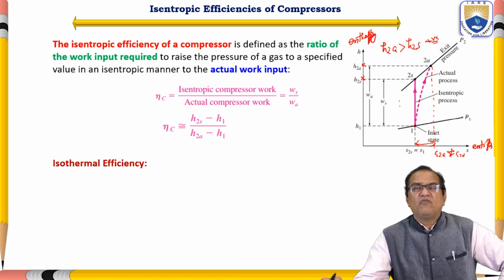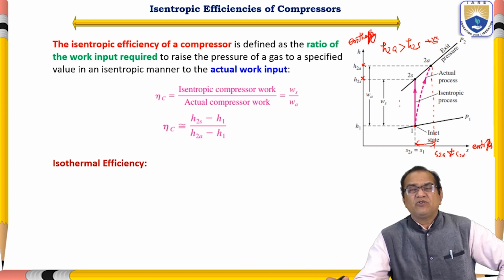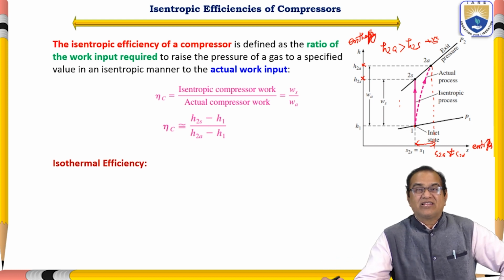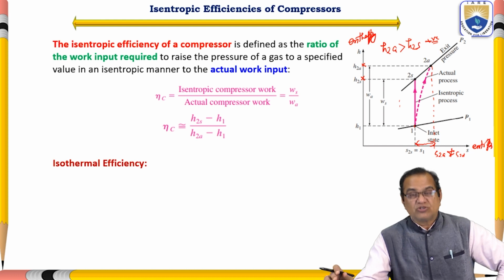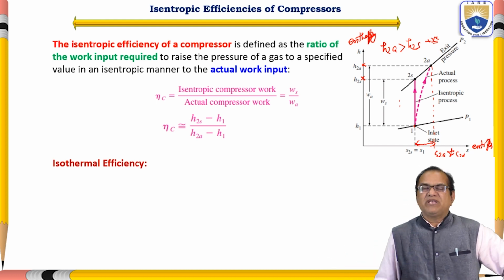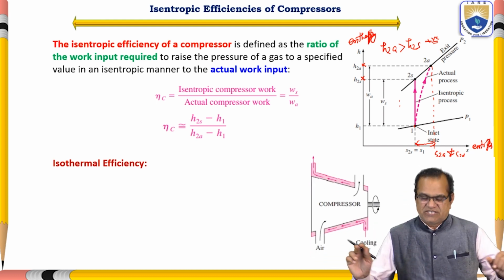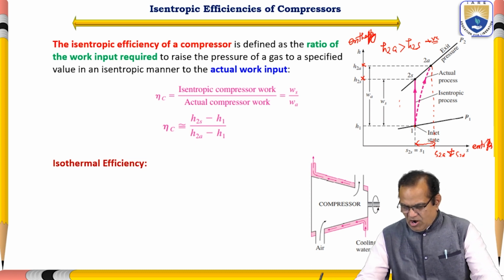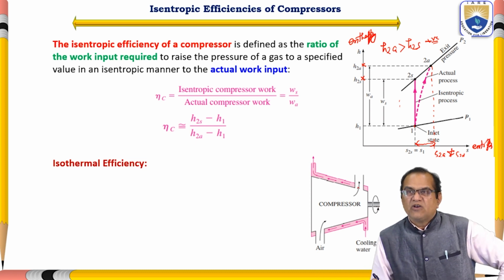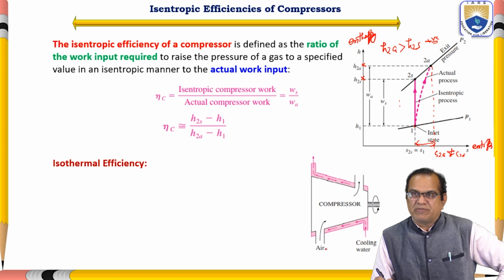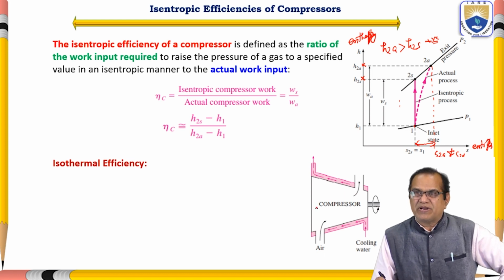But normally in a compressor we use another term that is called the isothermal efficiency. So what is the meaning of isothermal efficiency? If you see this plot here, we should maintain a constant temperature. So air is entering the compressor with more volume, and as it is leaving it has less volume, and it is rotated by some device, some motor.